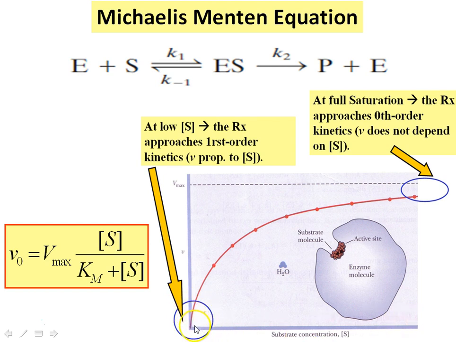But given a fixed enzyme concentration, if you increase the substrate concentration to a very high level, you will have far more molecules of substrate compared to the available molecules of enzyme, and therefore you will eventually hit a saturation point and a plateau, where doubling or tripling or quadrupling the substrate concentration will no longer affect the speed of the reaction.